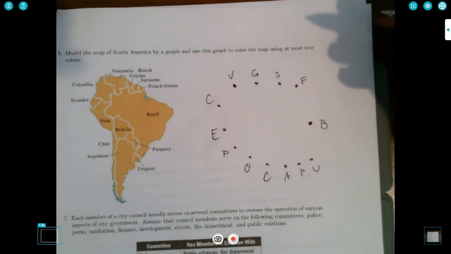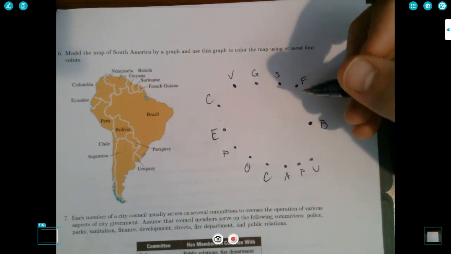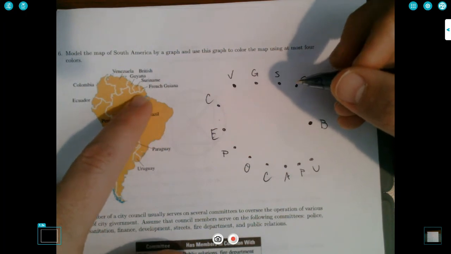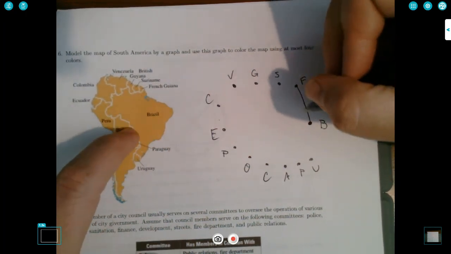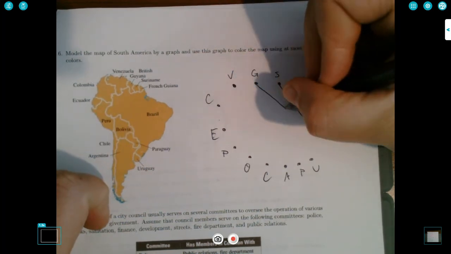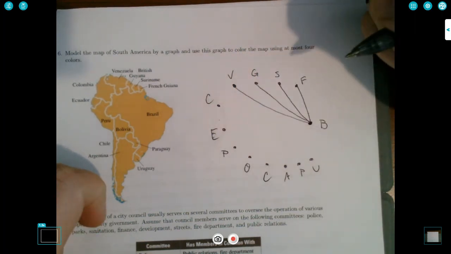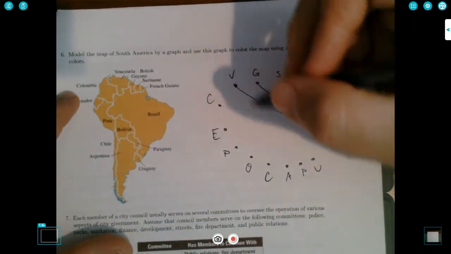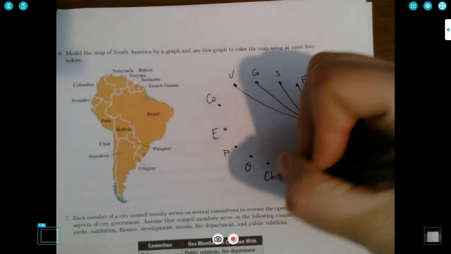Okay, so I'm going to draw a connection between all of the countries that border each other. So for example, Brazil has a border with French Guiana, and with Suriname, and with British Guiana, and with Venezuela, and with Colombia. Oh, I used C twice. Maybe I'll call this CO for Colombia and CH for Chile.